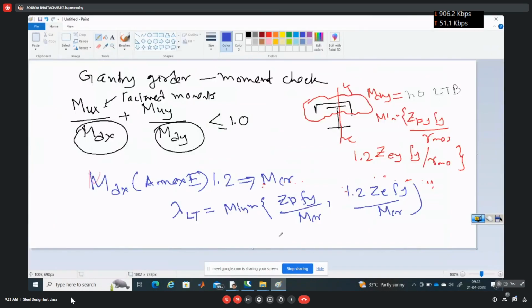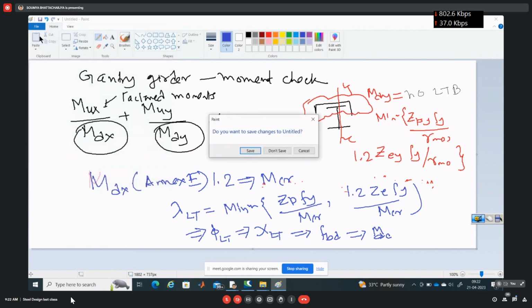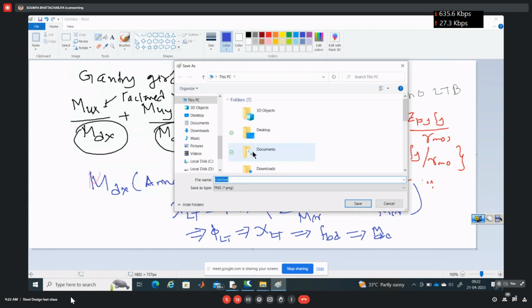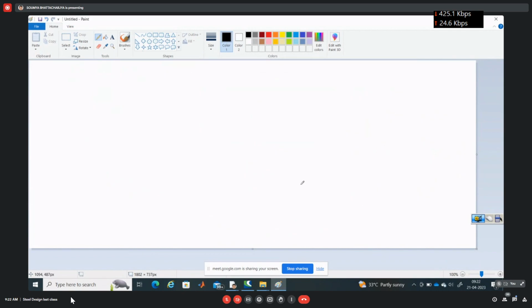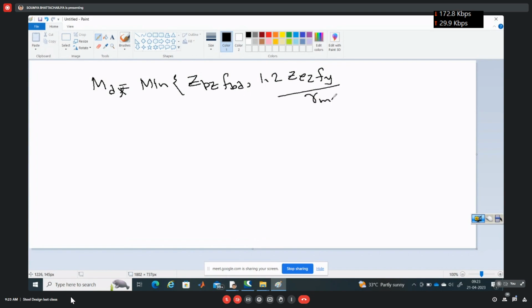So the process will be: after lambda LT, you calculate phi LT, then you calculate chi LT, then you calculate FBD, and finally MDX equal to the minimum of ZPZ FBD, or 1.2 ZEZ Fy by gamma m0.